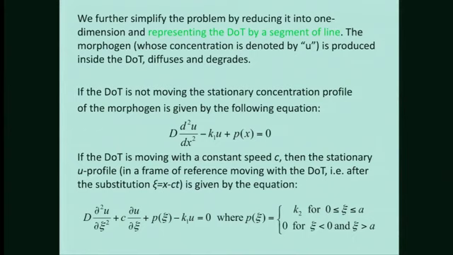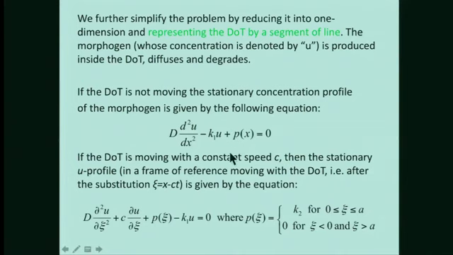In the one-dimensional model, we assume again that there is production of some kind of morphogen inside of this group. Let its concentration be denoted by the symbol U. Then we will have an equation for this concentration. This is diffusion, decay, which takes place everywhere, and production, which takes place only inside of this segment.